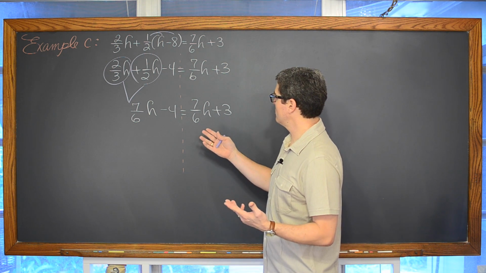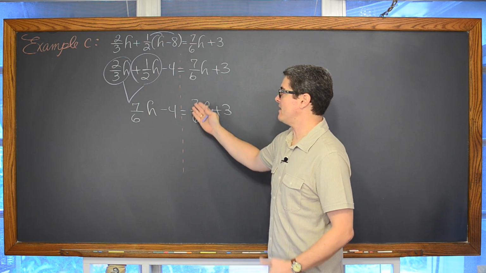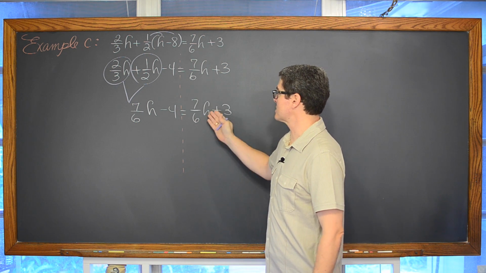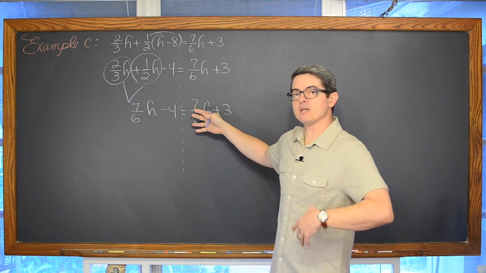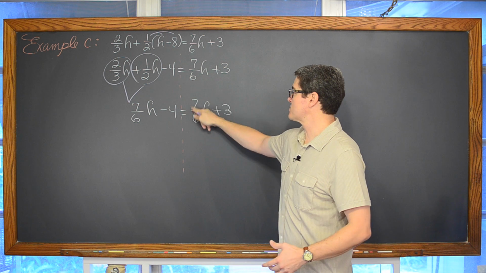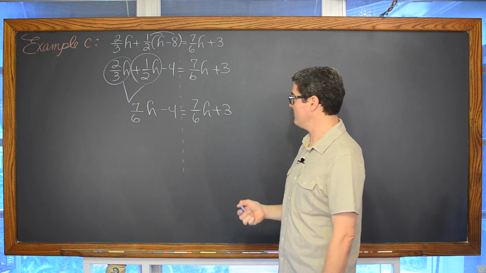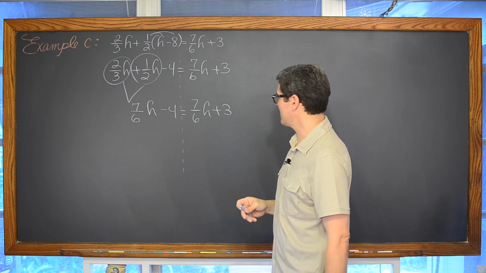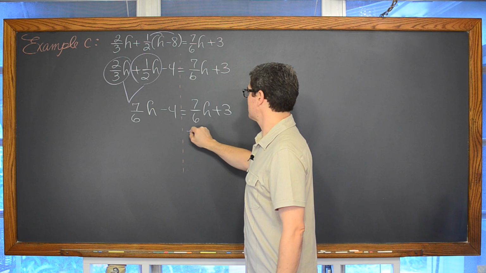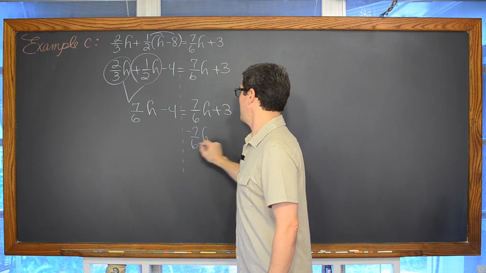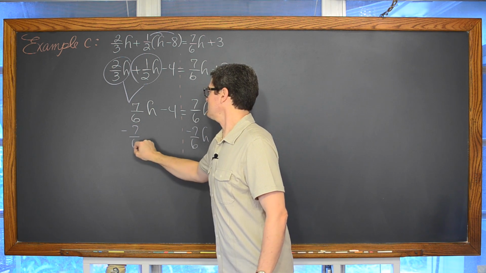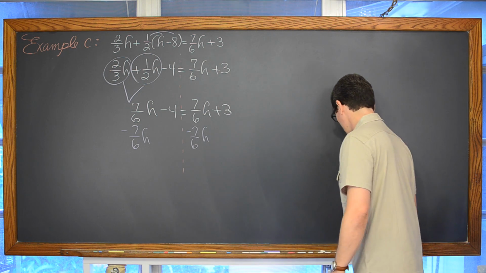Okay, so this is a positive value of 7 over 6h, or you could almost think of it as an addition of 7 over 6h on the right-hand side. And actually, we kind of have the same thing on the left. So let's subtract 7 over 6h to both sides of the equation.